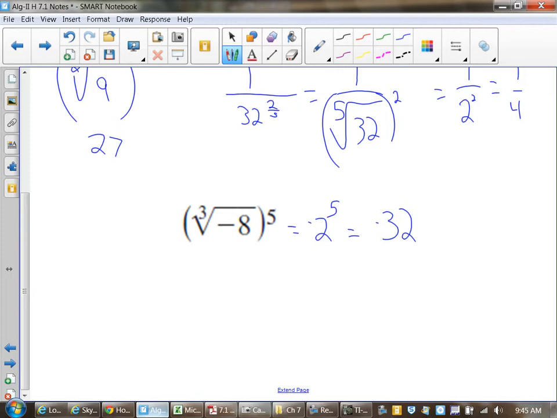But let's say I wanted to write this in terms of a fractional exponent. If I wanted to write the cube root of negative 8 to the 5th power, what would be my fractional exponent?